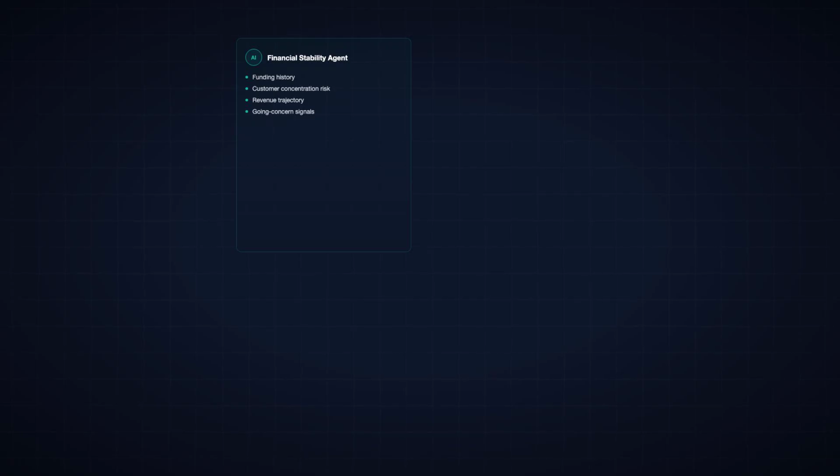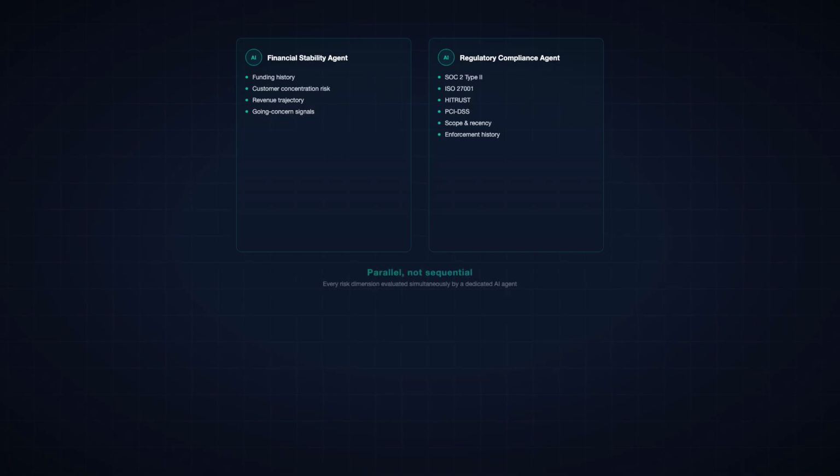The AI regulatory compliance agent evaluates applicable certifications, SOC2 Type 2, ISO 27001, HITRUST, PCI DSS, their scope, recency, and any enforcement history. Every risk dimension evaluated in parallel by a dedicated AI agent, not sequentially by one person trying to hold all domains in working memory.